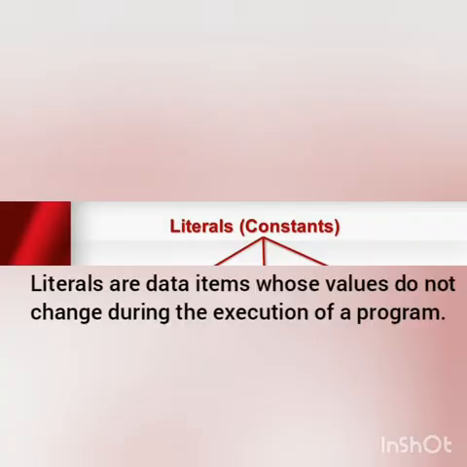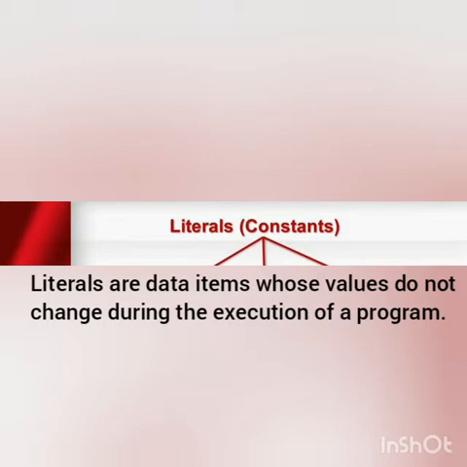Our next topic is literals. Literals are otherwise known as constants. Literals are data items whose values do not change during the execution of a program. The values are stored in the variables. For example, A is equal to 2, B is equal to 5.